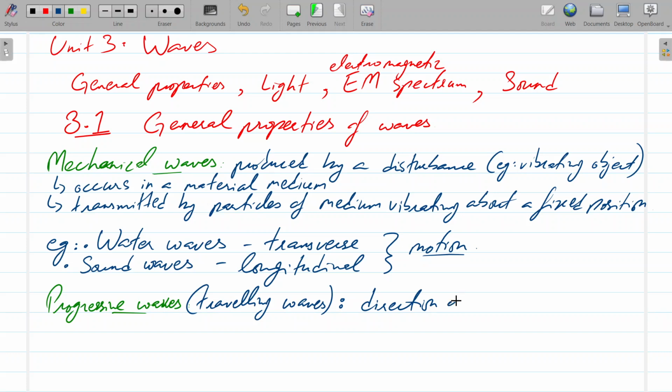The direction of movement is also called the direction of propagation of the wave.